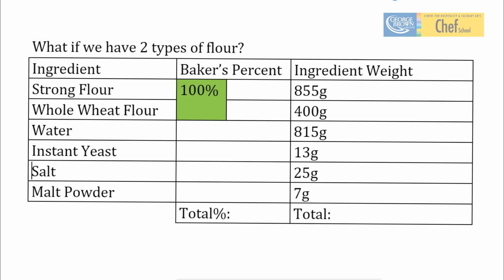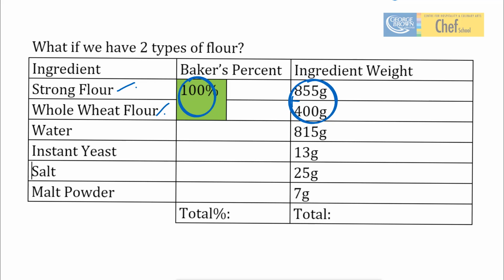So let's sort of up the ante a little bit. What happens if we've got a bread recipe that has more than one type of flour? This recipe's got both strong flour and whole wheat flour. Well, we have said that we're dividing by the total flour weight. So what we have to do is treat the strong flour and the whole wheat flour added together as 100%.